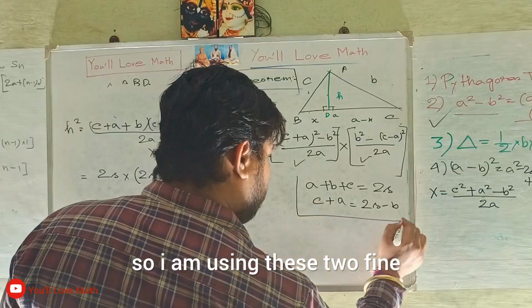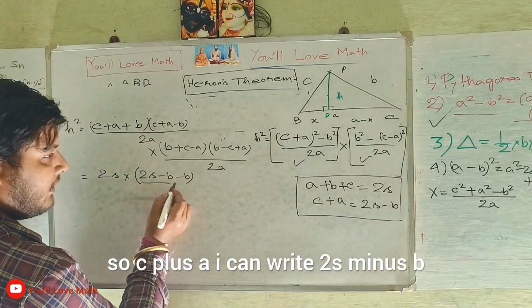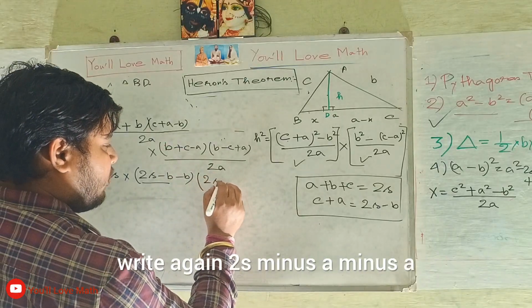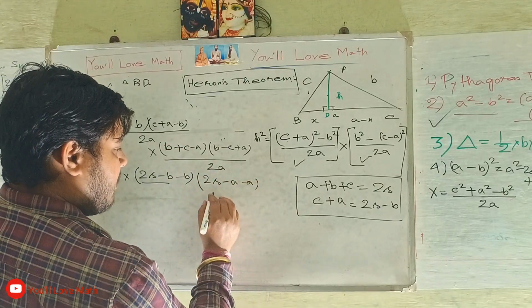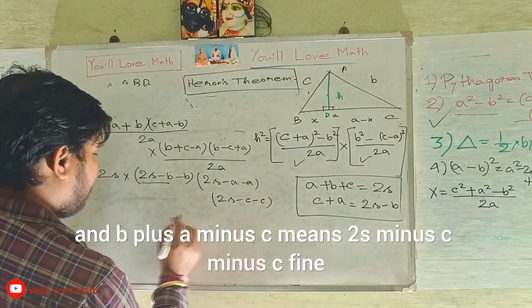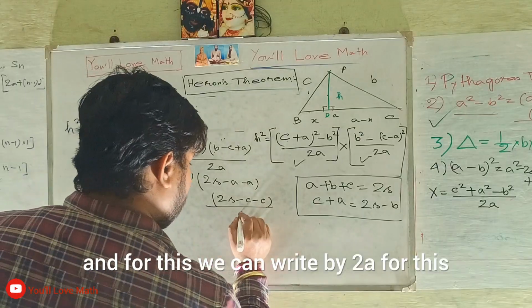So I am using these two. For b plus c, we can write 2s minus a, and for b plus a minus c, we can write 2s minus c. And for this we can write by 2a, for this also by 2a.